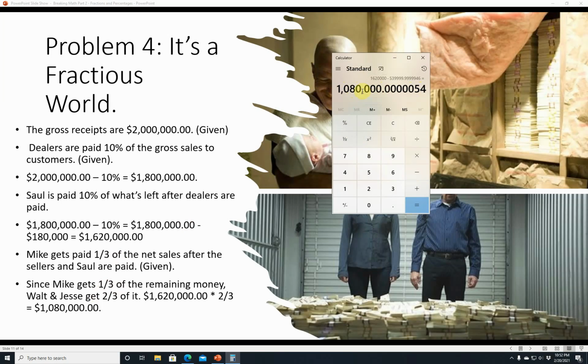So realistically, you're just going to round that to $1,080,000. So the other way to do it is just go $1,620,000 times 2 over 3, so that's multiplying by 2/3, is $1,080,000.